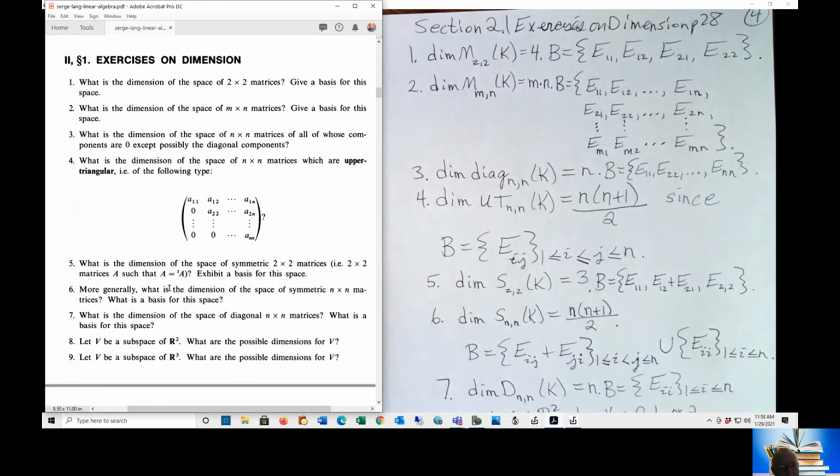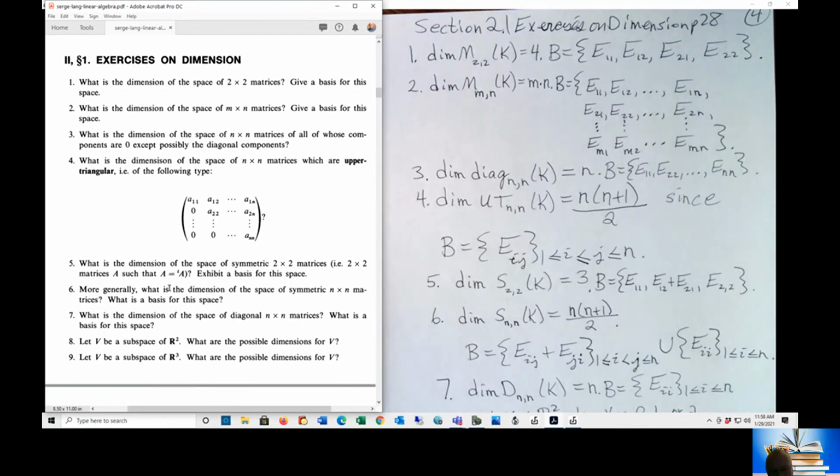Again, remember, the upper triangular matrices are the matrices where the only 0 entries are below the main diagonal. The non-zero entries are either on the main diagonal or above the main diagonal.